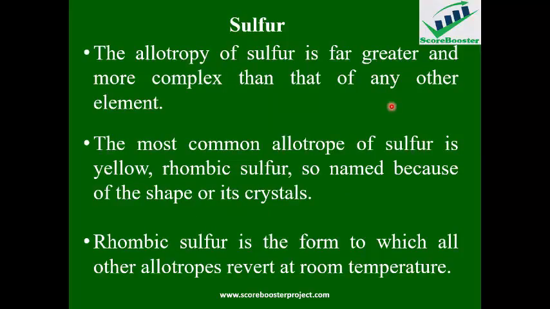The allotropy of sulfur is by far greater and more complex than that of any other element. It is very, very diverse in nature. Sulfur is very, very abundant in nature.